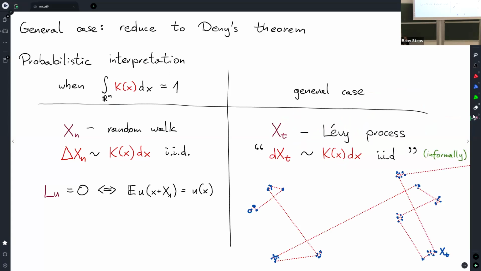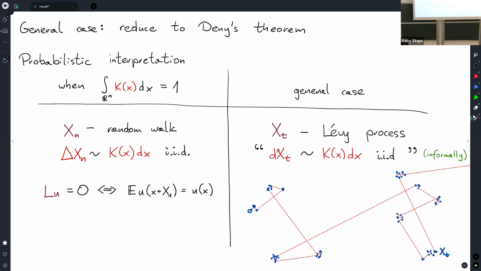So in the general case, the operator L also stands behind a certain stochastic process, but this process is in continuous time. It's a random walk in continuous time, in a sense, which is called the Levy process. The Levy process is an object which is not so complicated to define, but it's much more complicated to understand. But in principle, you can think that the increments of Xt over small intervals of time are sequences of IID variables.